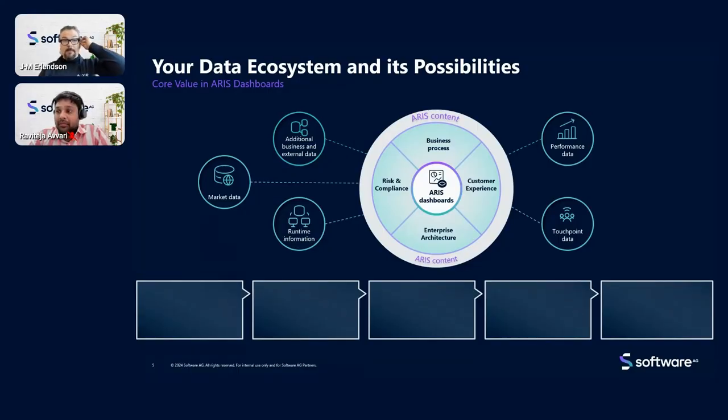So things like business and external data that might come from other systems that you're capturing right now, market data from your market scans and benchmarking work that you do as part of periodic operations. From an operational excellence perspective, you want to know what your peers look like, what is good for you. Runtime information about your performance of systems, and of course, the transactions in those systems, things we can extract out in things like process mining, which we'll talk about a little bit.